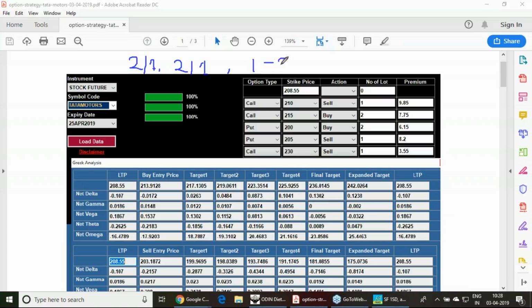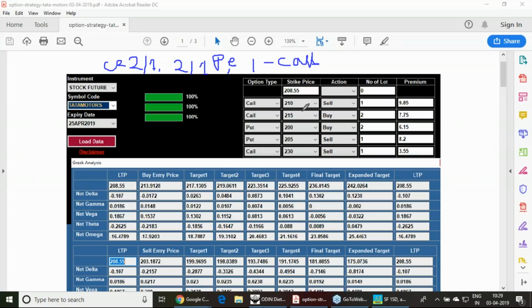These 2/1 call and 2/1 put net debit spreads I am forming, I have chosen the strikes in such a way that above 211 my uptrend starts, and below 202 my downtrend starts.